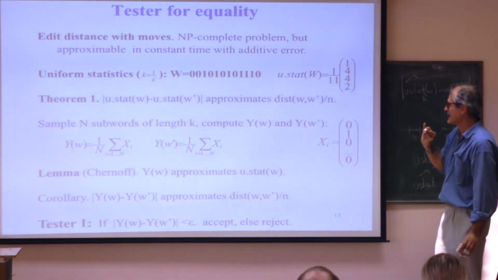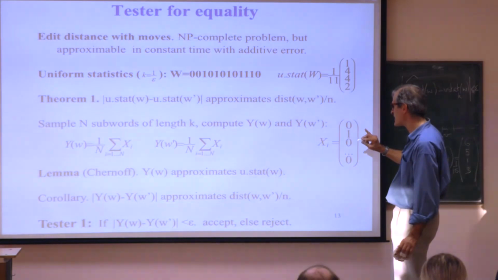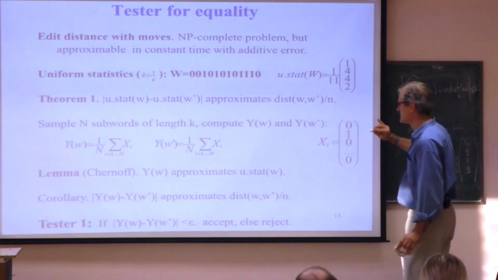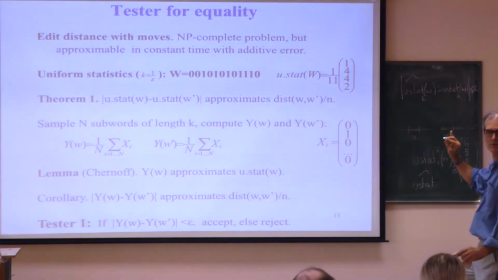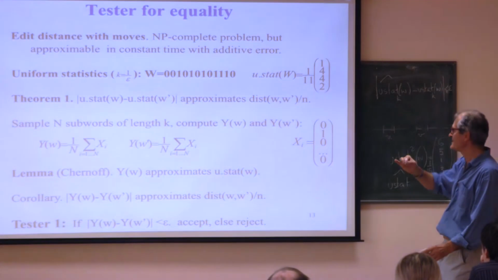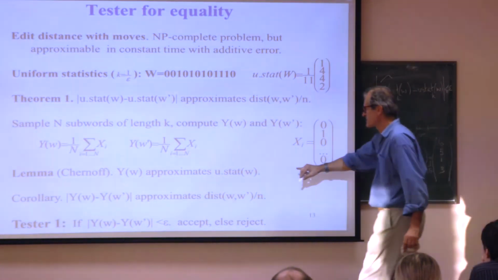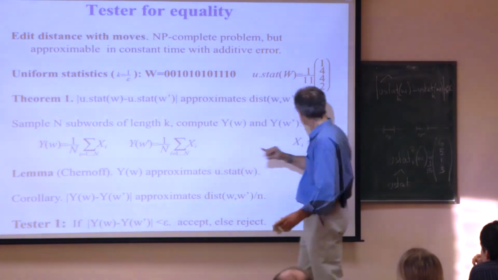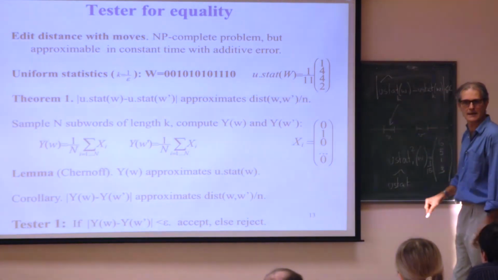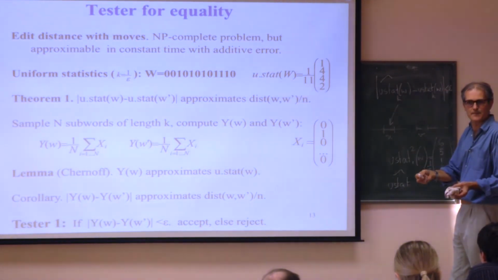Okay? All right. Now, how do I approximate the U-stat now? Okay, so I do something which is the basics of statistics, which is use a Chernoff bound, because I'm going to see this experiment of looking at U's. They are independent. Okay?